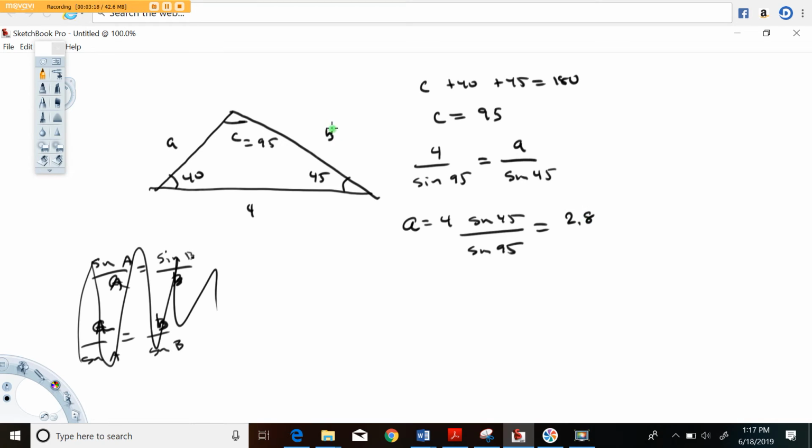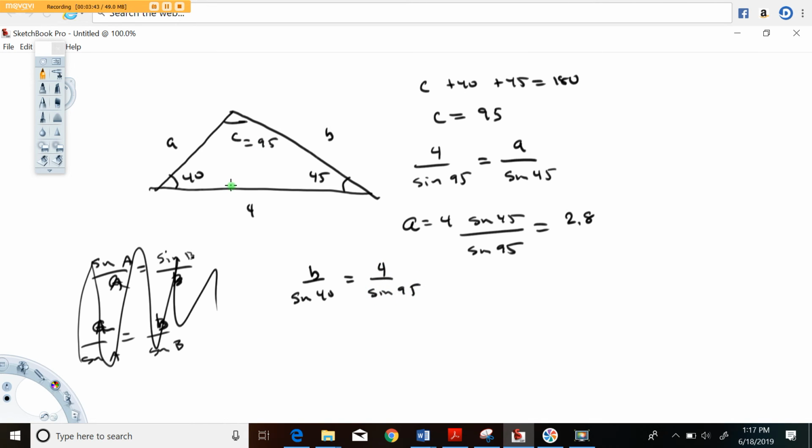So to find B, we can apply the law of sines again. B over sine 40 is equal to 4 over sine 95.